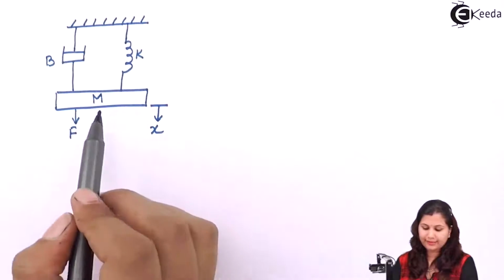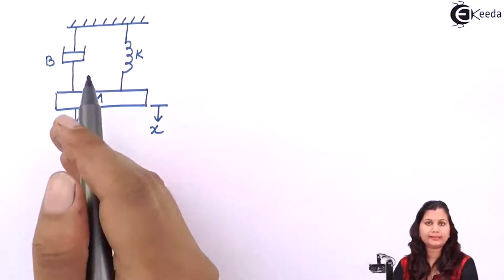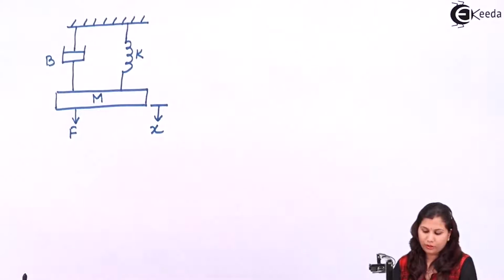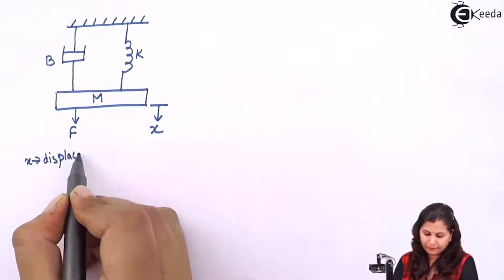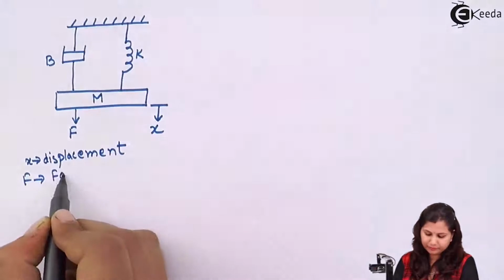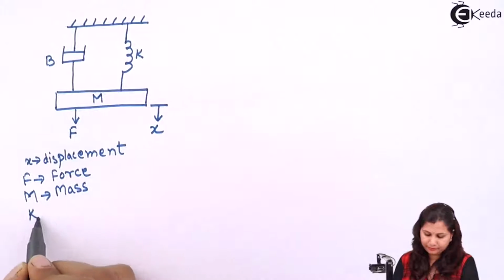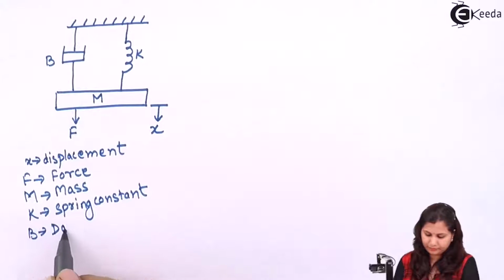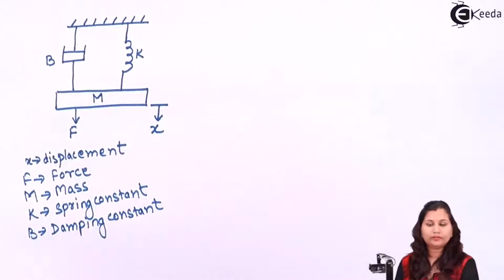On this system, an external force F is applied, and this force produces an acceleration due to which the displacement x is caused. So x is the displacement, F is the force, M is mass, so we have defined all the variables.